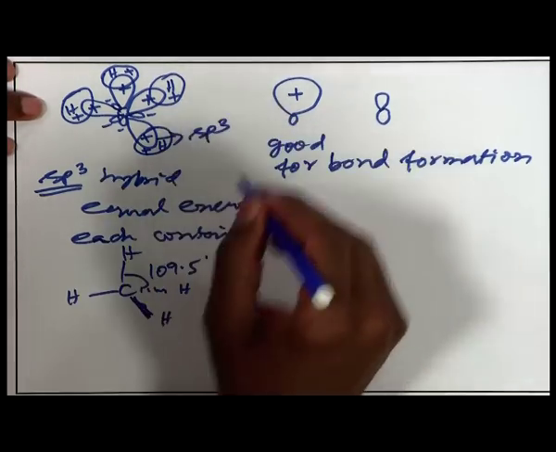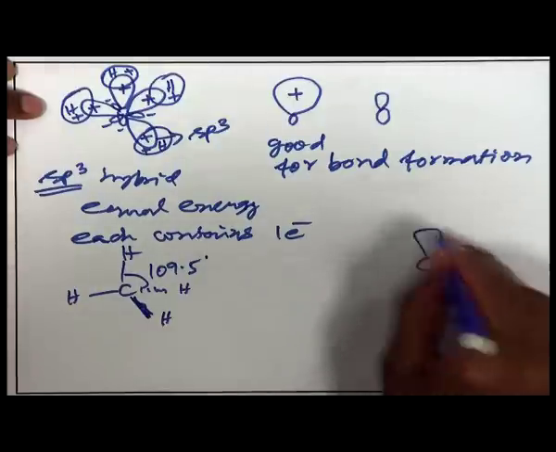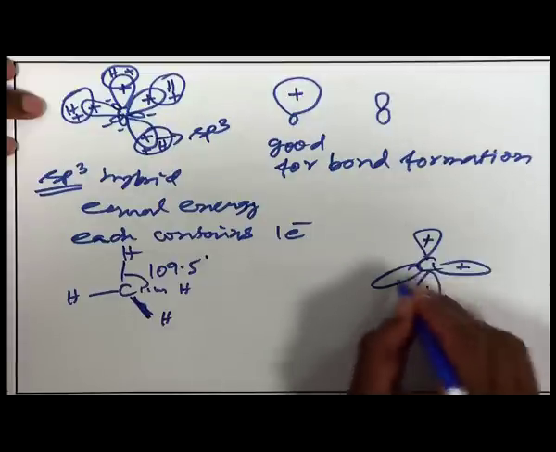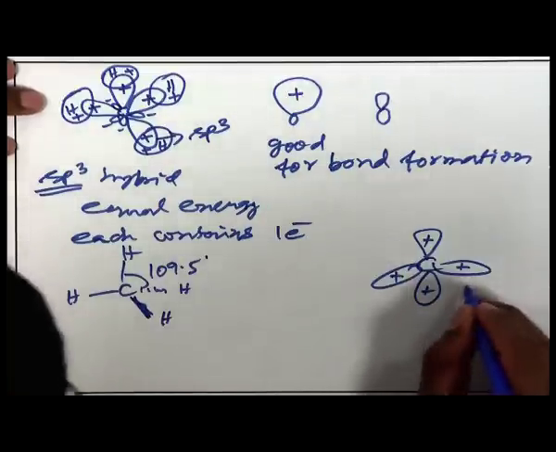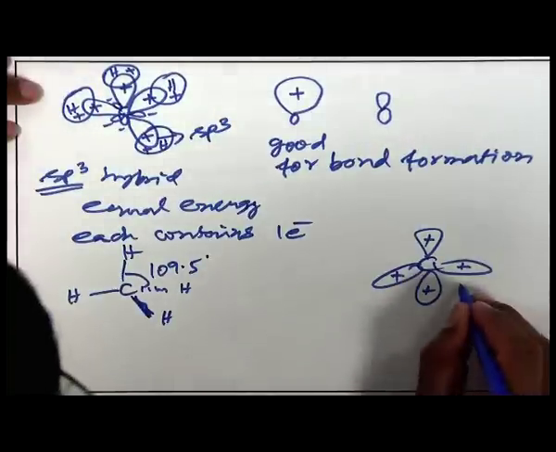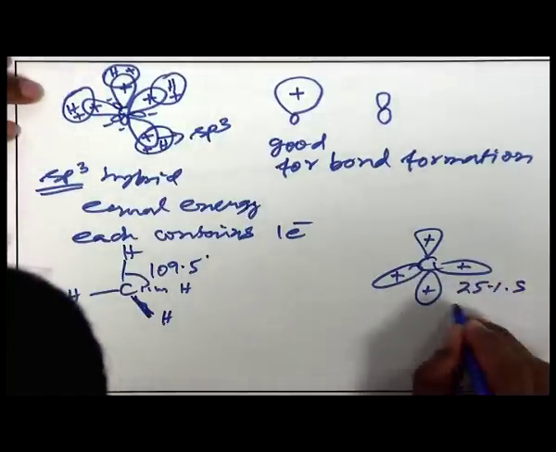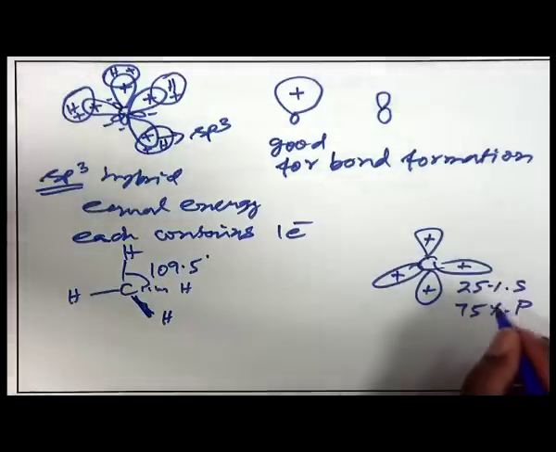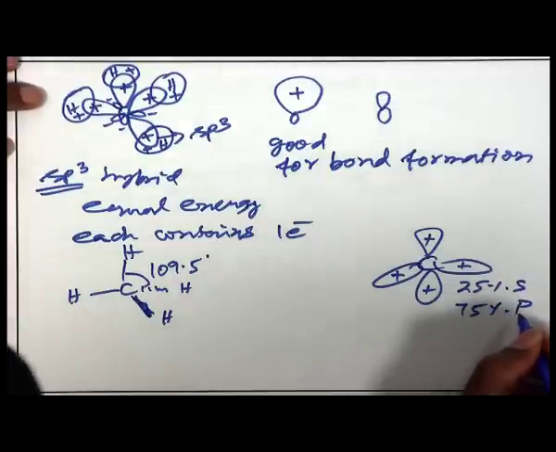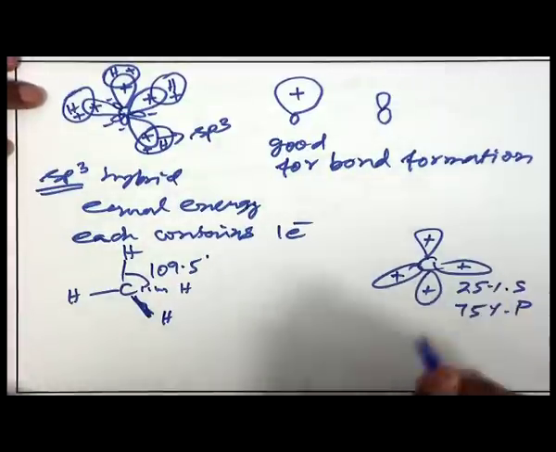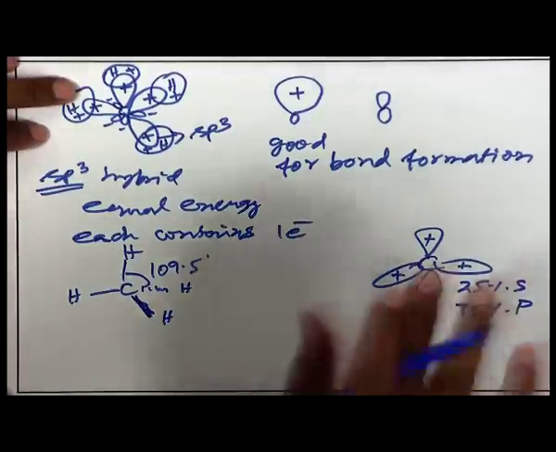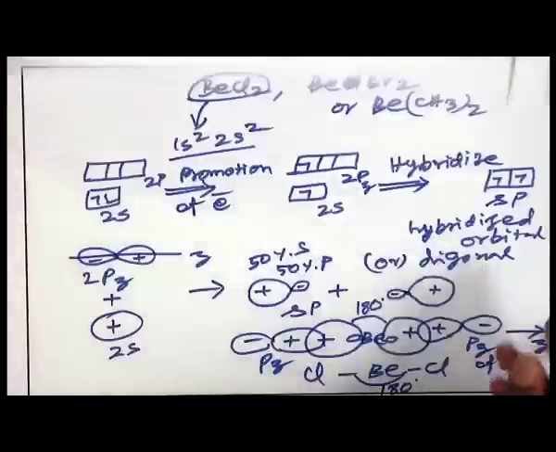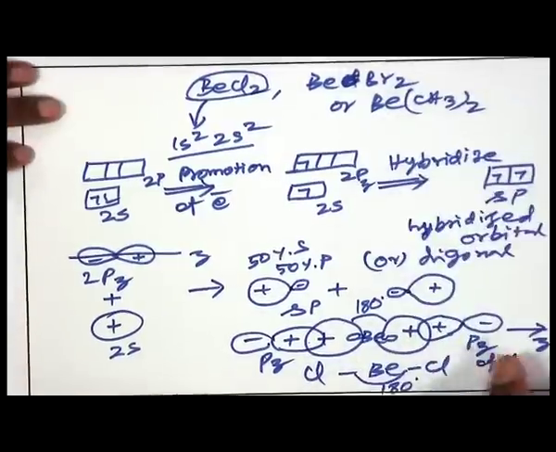So, for the hybridized orbitals of carbon, it has 25% s and 75% p character, or 1/4 s character and 3/4 p character for each hybridized orbital, and that is why they have equal energy. So, that way bonds are formed.